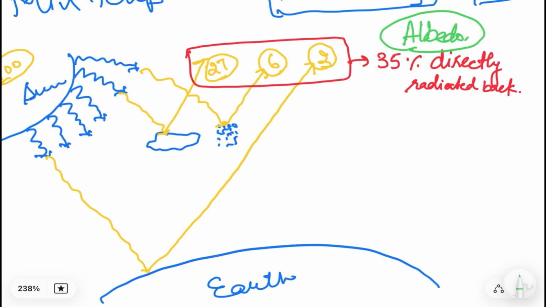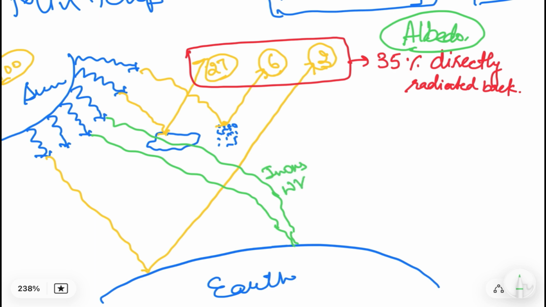How do these get absorbed? Absorbed by the atmosphere, 14 units. So out of them 14% is absorbed by the atmosphere: ions, ozone and vapors. Now we have the ions, water vapors, ozone layer.